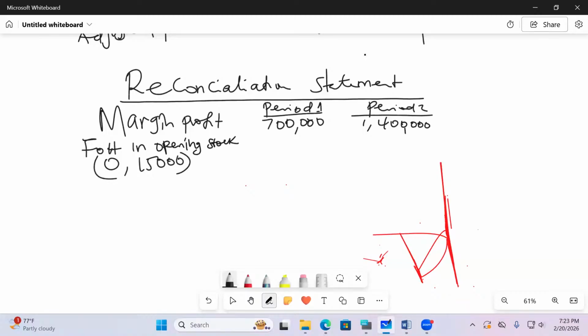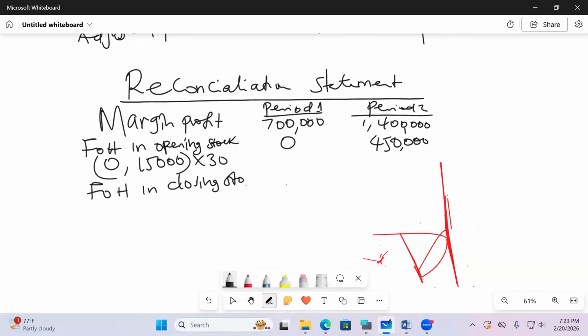So multiply this by the fixed overhead cost, which was 30. So the first one is 0. The second one is what here, somebody? 450,000. And then you come and give me the fixed overhead in what here, somebody?